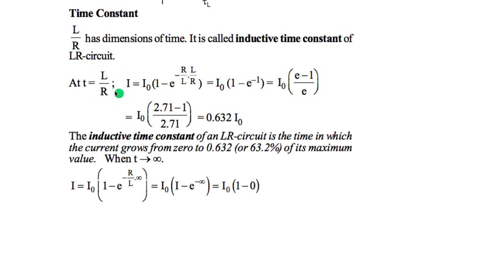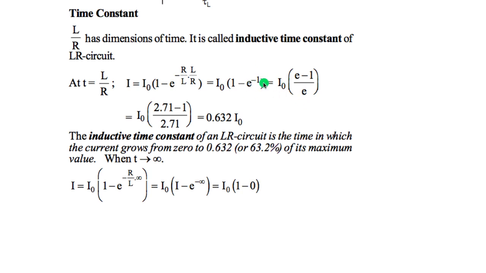If you substitute the value of t as L by R in the equation of the growth current, I equals I naught into 1 minus e to the power minus R by L into t, the L by R gets cancelled and we are left with e to the power minus 1.